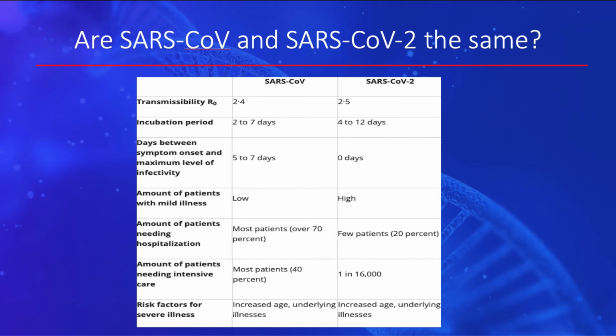The incubation time and days between symptom onset are very different between the two viruses. SARS-CoV-2 infected patients seem to have milder cases and also don't require the same degree of intensive care when compared to patients infected with SARS-CoV. However, both virally infected patients have the same risk factors for severe illness.